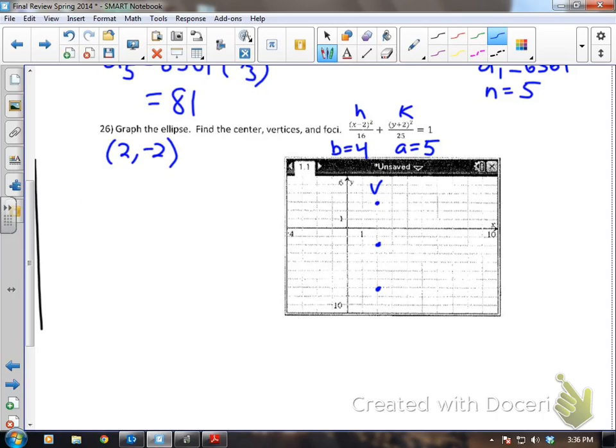Okay, so let's list what the vertices are. This is the center. Vertices. Okay, so they, in this case, are at 2, 3, and 2, negative, what is that, negative 7. Okay, so the B is how far out you're going to go parallel to the x-axis then.